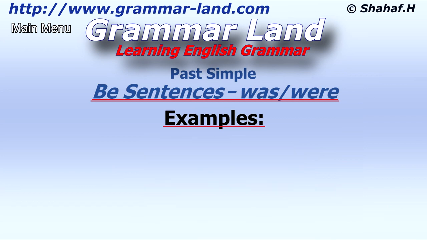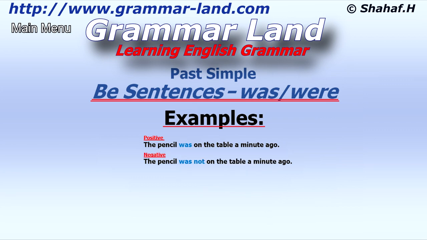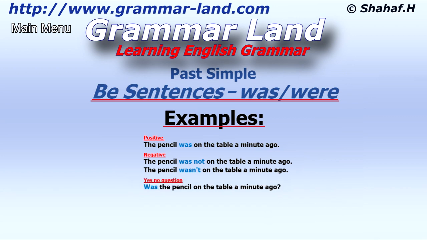Two more examples and we are done. Positive. The pencil was on the table a minute ago. The pencil is equal to it, therefore, we use was in this sentence. Negative. The pencil was not on the table a minute ago. Or, the pencil wasn't on the table a minute ago. Yes no question.